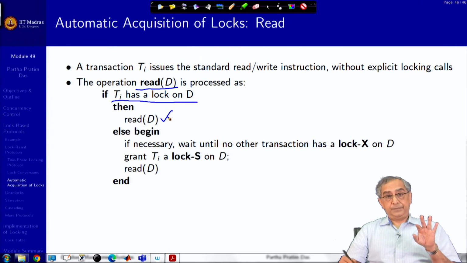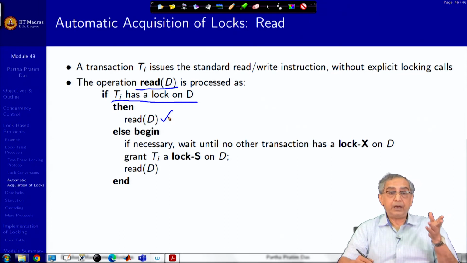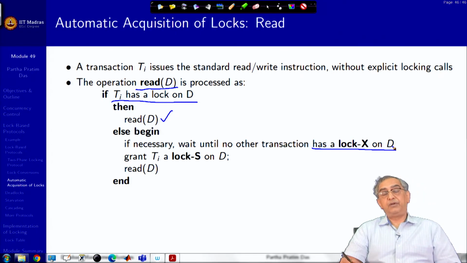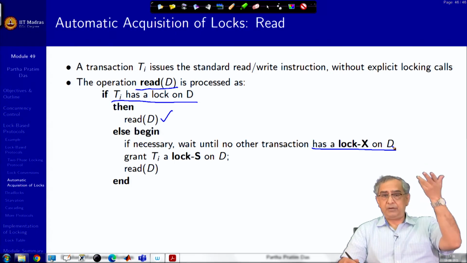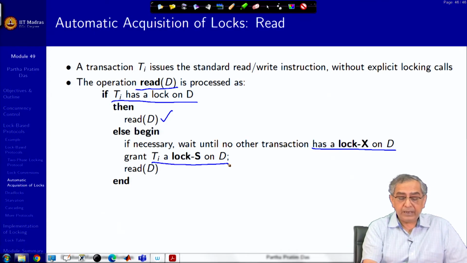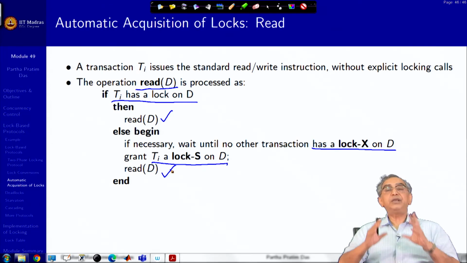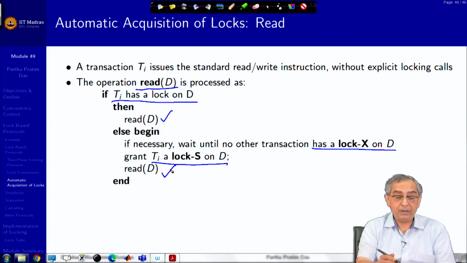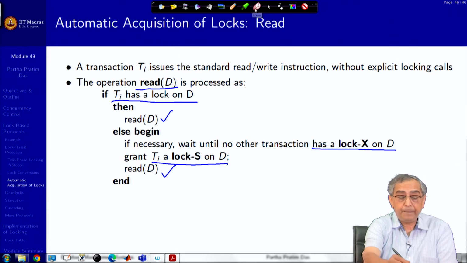If it is, then wait till no other transaction has exclusive lock on it. The others may have shared lock because they are going to read. Then Ti will be granted a lock S and then you read it. So, you just write read, this will happen in the background to ensure the isolation.